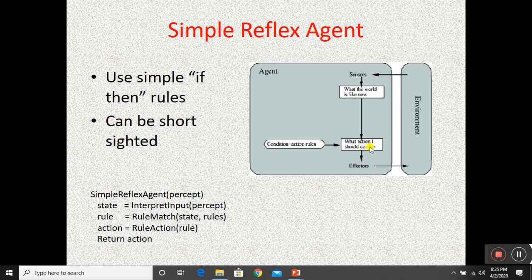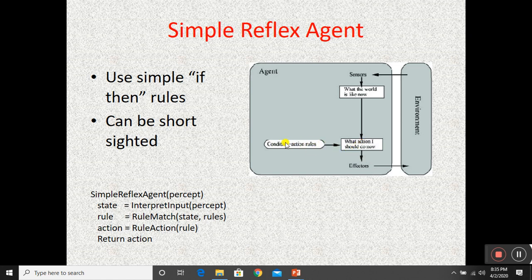Suppose this sensor is a smoke sensor, and it has sensed smoke from the environment. What will it do?